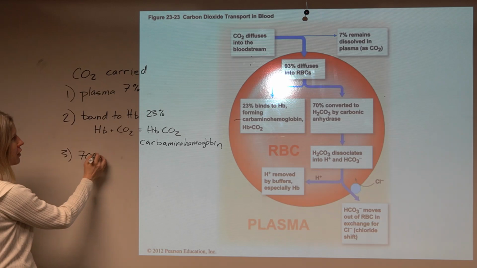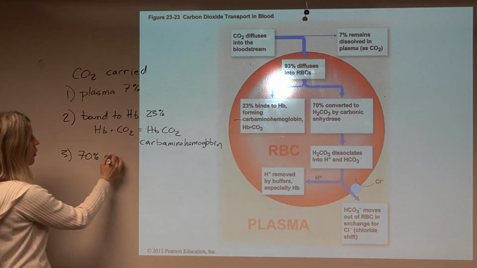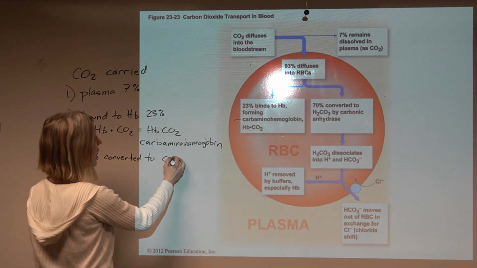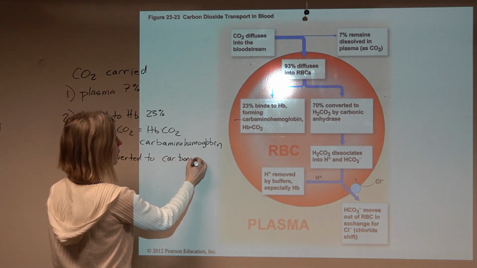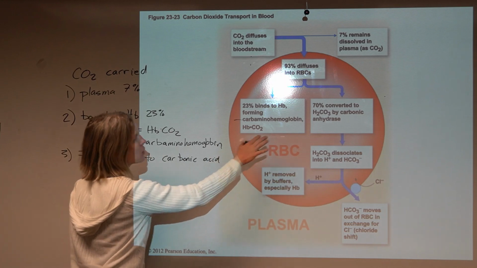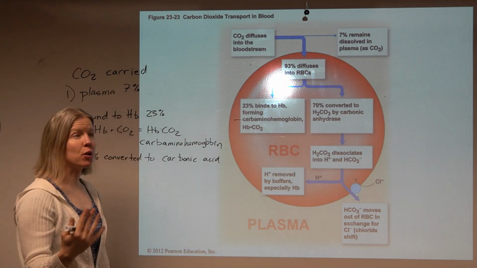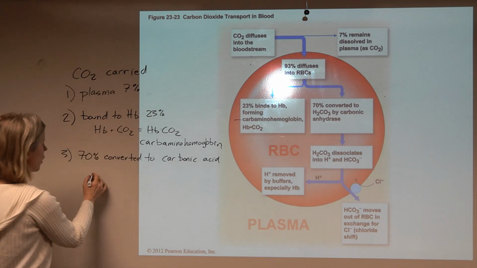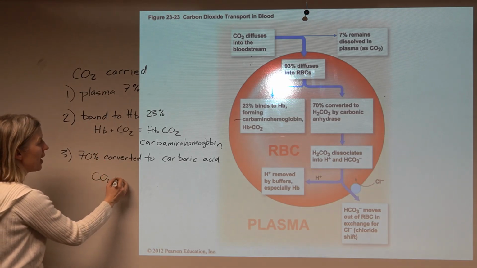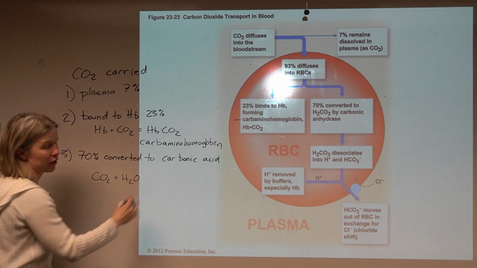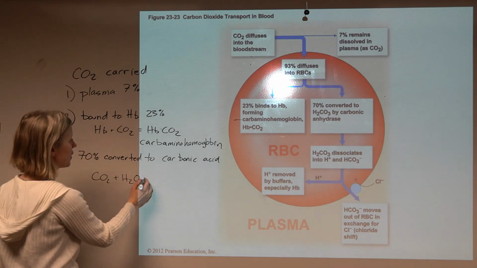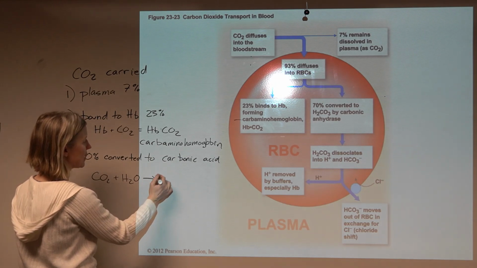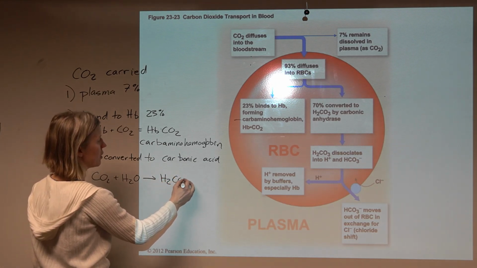Let's just put this out first. 70% is converted to carbonic acid. That's what they're showing here, but let's look at this whole process. Basically what happens in the red blood cell, you take CO2 and you add it to water that's just hanging out in the cell, and we can produce carbonic acid, H2CO3.